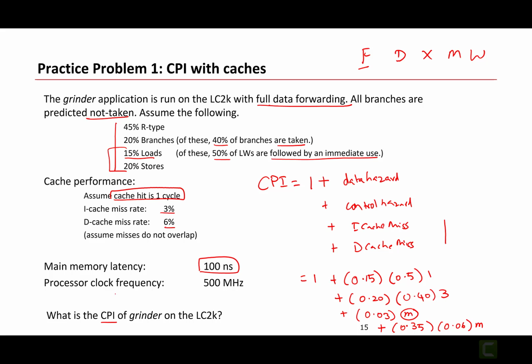So the way to compute clock cycle time from a clock frequency is clock period is 1 over clock frequency, right? So frequency says I can switch 500 times 10 to the power of 6 times within a second.